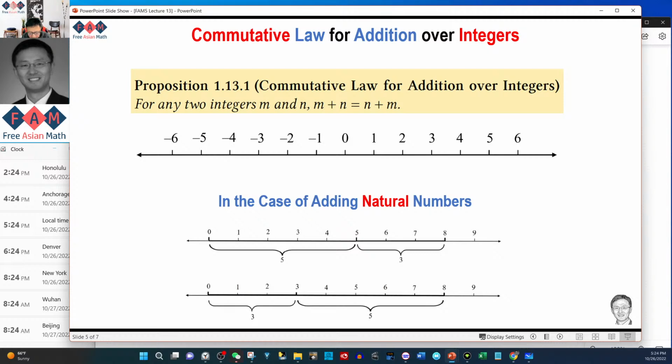When we add them up, it's just the concatenation or seamless combination of two line segments, right? Say the first one is 5, the next one is 3. When we add them, we know this is nothing but the concatenation of two line segments from 0 to 5 and from 5 to 8. As a result, we get 8 total.